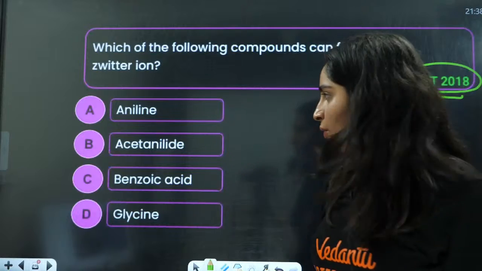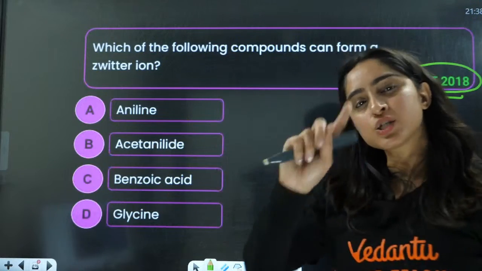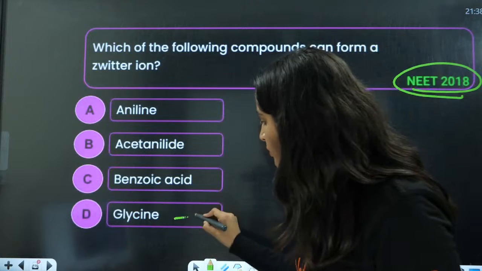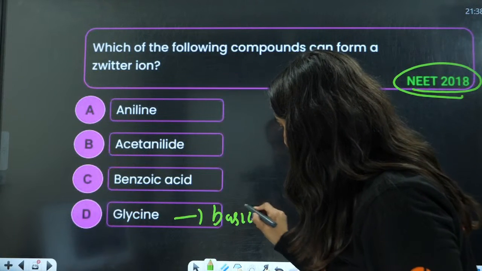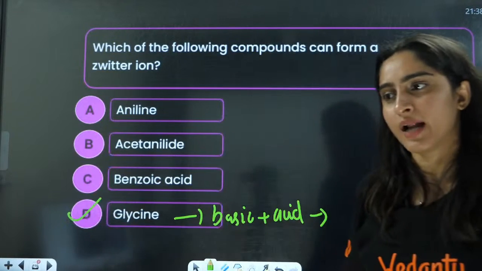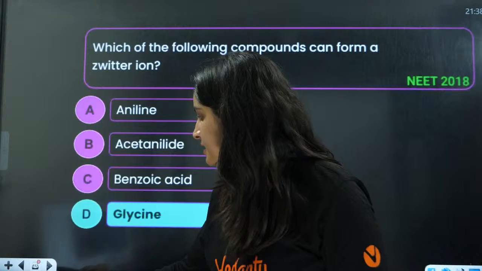Alanine has just a basic unit. Acetylene has just one basic unit. Benzoic acid has an acidic unit. This one has both basic and acidic, so it is forming a zwitterion here. D is the right answer.